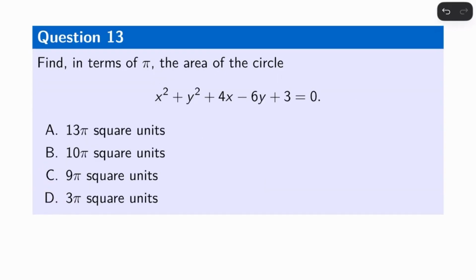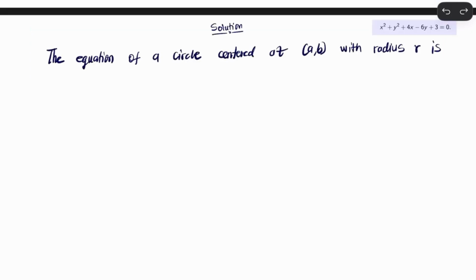Question 13. Find, in terms of pi, the area of the circle given by the equation x squared plus y squared plus 4x minus 6y plus 3 is equal to 0. Solution. The equation of a circle centered at (a, b) with radius r is given by (x minus a) all squared plus (y minus b) all squared is equal to r squared, right?